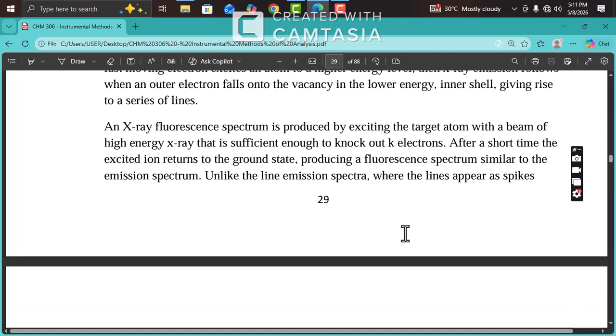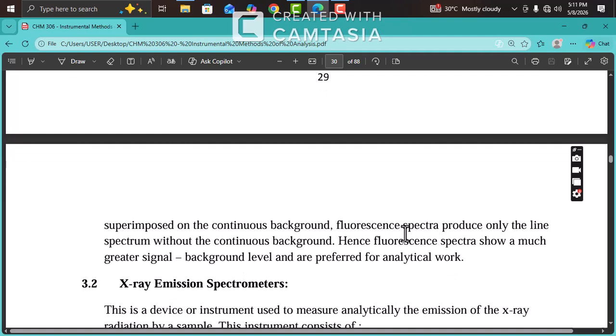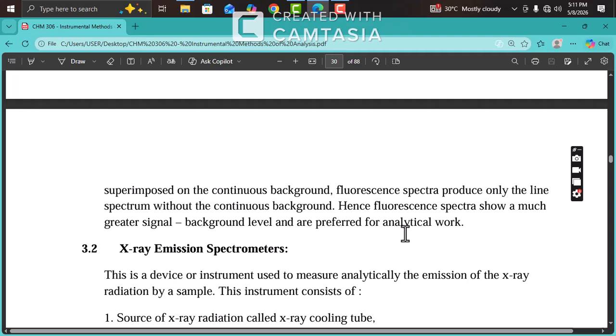Now we move to the spectrometer, that's the X-ray emission spectrometer. This is a device or instrument used to measure analytically the emission of the X-ray radiation by a sample.